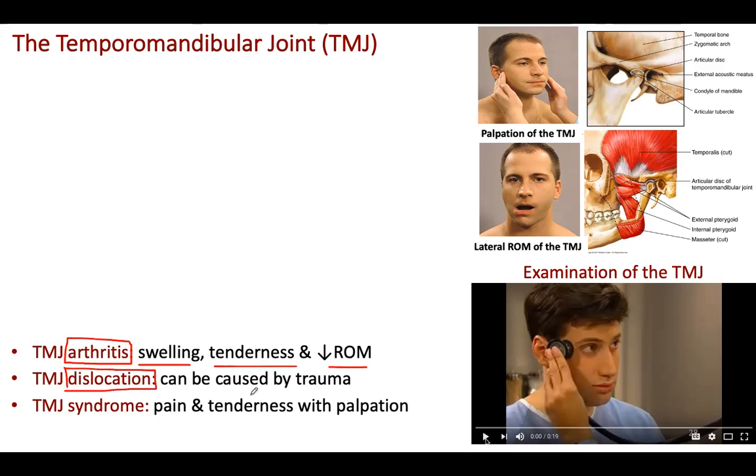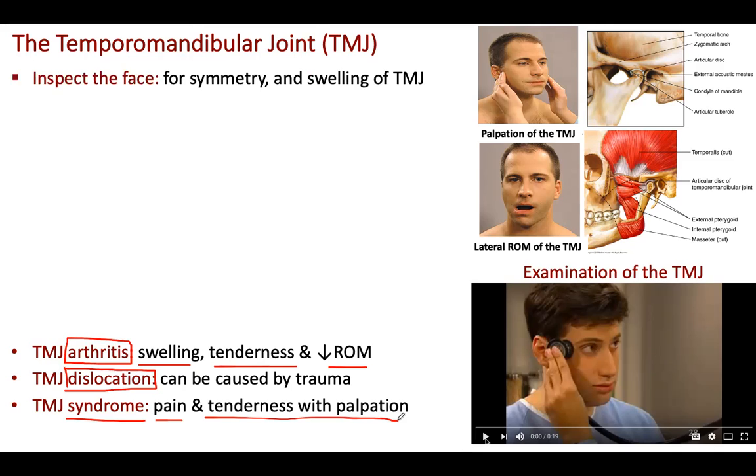And this dislocation might also be caused by trauma. And finally, TMJ syndrome. TMJ syndrome means what? Pain and tenderness with palpation on the TMJ without any explanation. So we call it TMJ syndrome, a group of symptoms that we cannot explain.